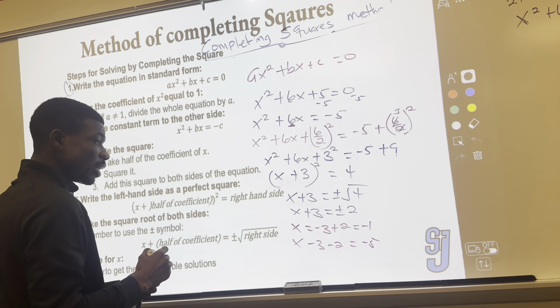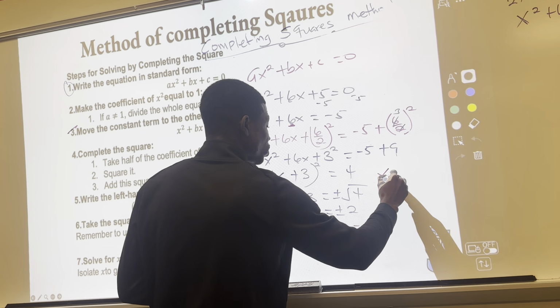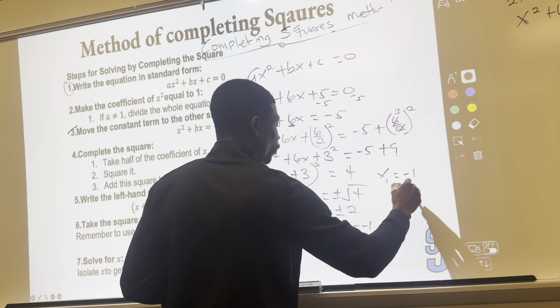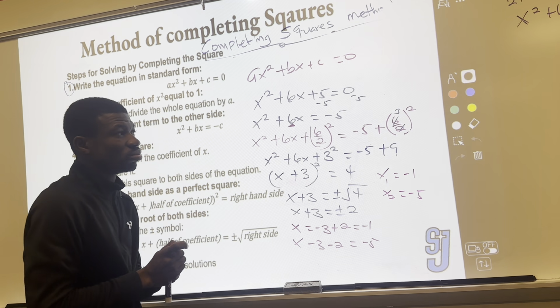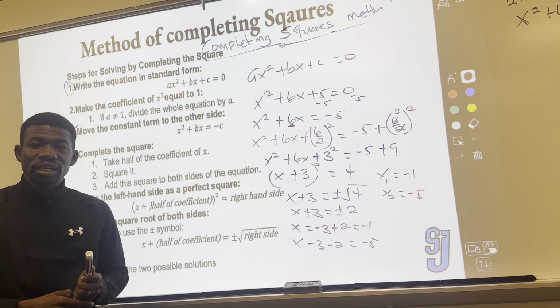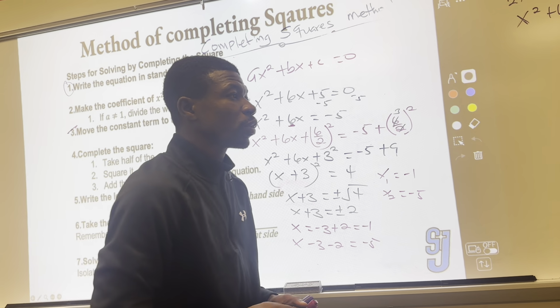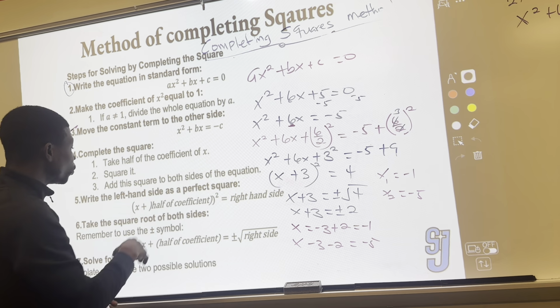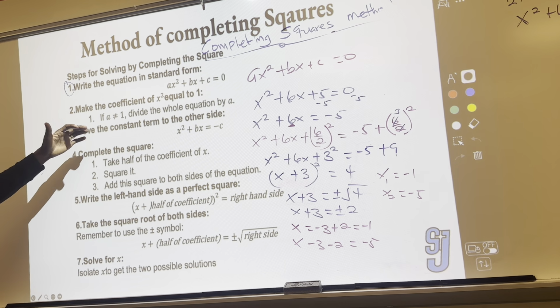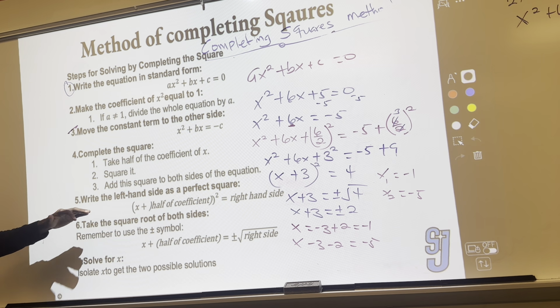So the 2 parts give x1 equals negative 1, x2 equals negative 5. So this is eventually what I'm talking about. What you're doing here is just following the steps systematically and making sure that you're good to go.